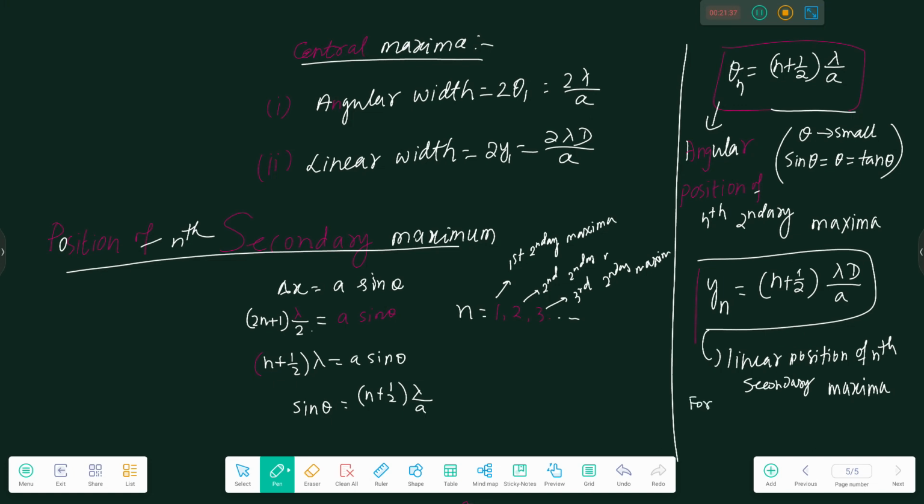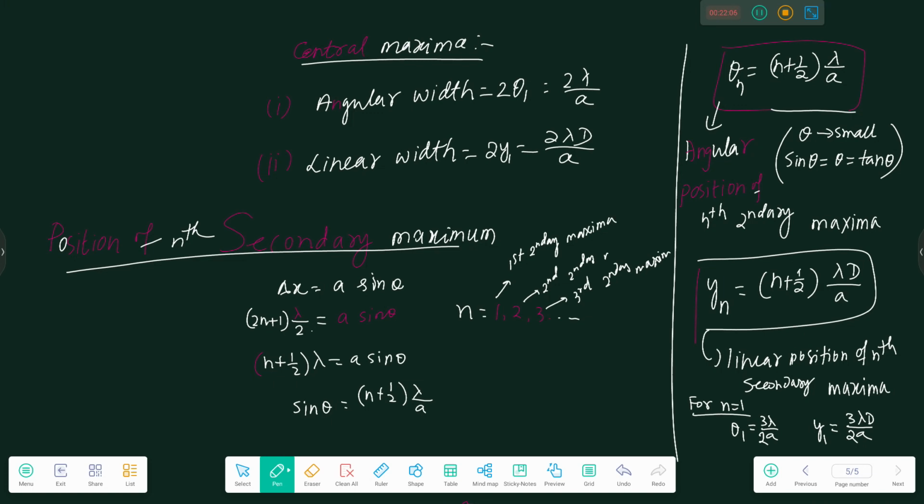If you take n equal to 1, your theta 1 will come 3 lambda by 2A, and your y1 will come 3 lambda D by 2A. Like that other things also you can calculate. Similarly calculate theta 2, theta 3, y1, y2.